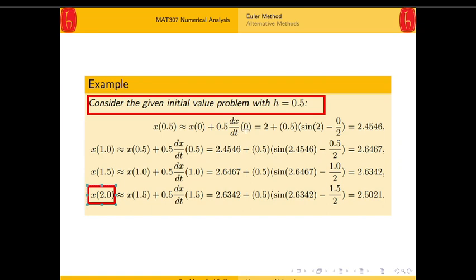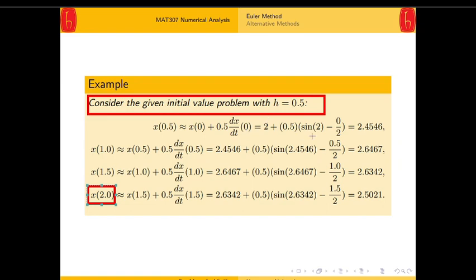I just put 0 here for time, but this function has two variables, x and t, and we just put the t values here. That means this function will be evaluated at x(t) comma t, so at x0 comma 0.